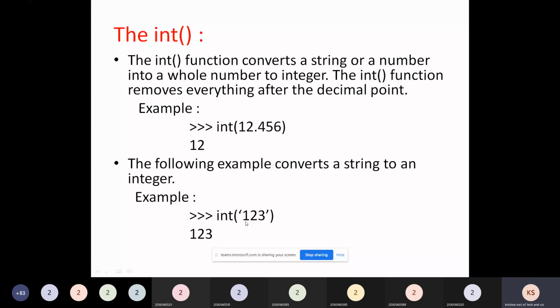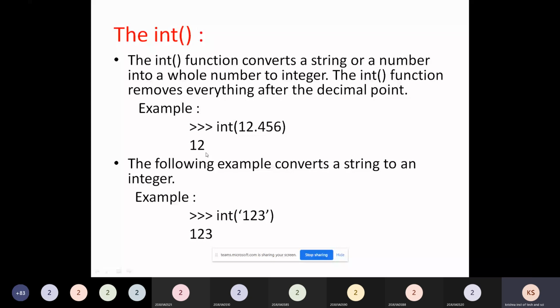Then 12.456 is a floating point value, and you convert it using the int function. You get the integer value. Observe that without the fractional part, everything after the decimal point is removed by the int function. Only the integer part, 12, remains. Here 12 is the integer part.